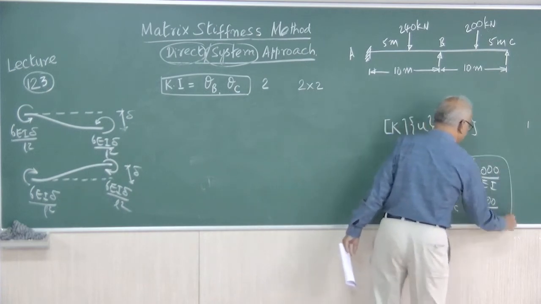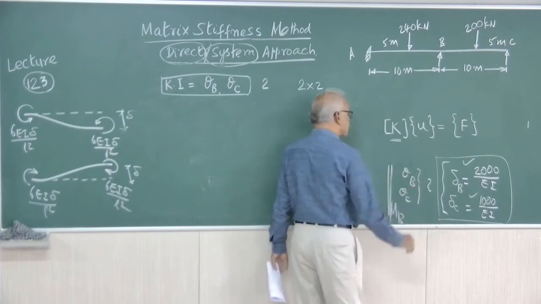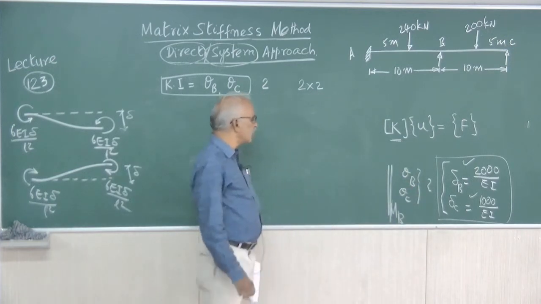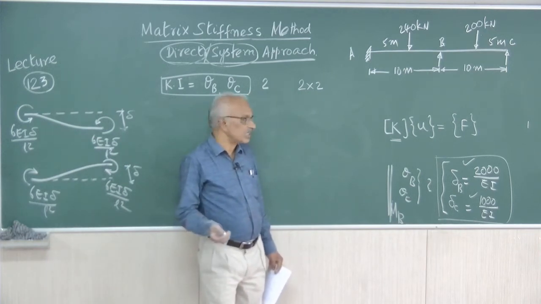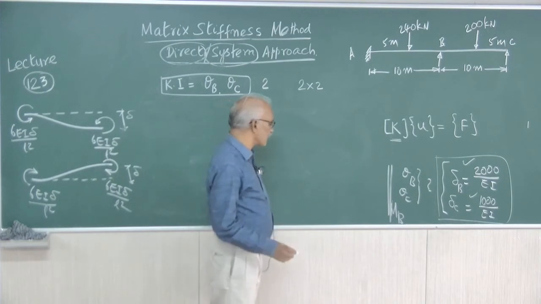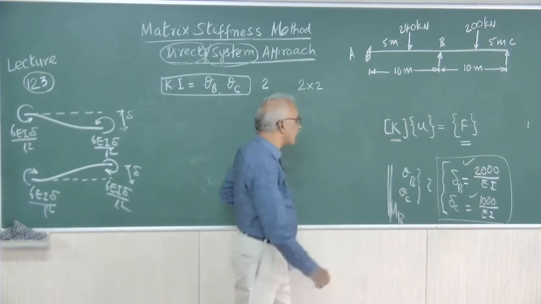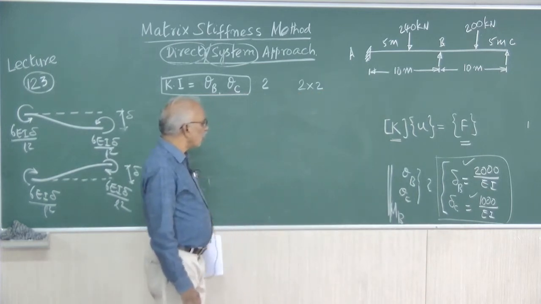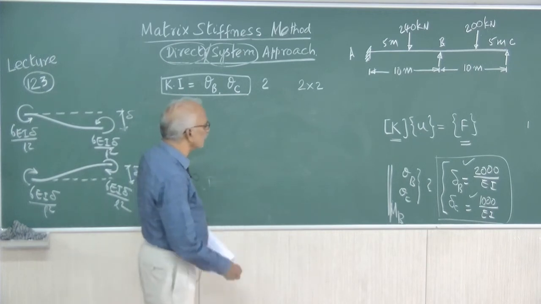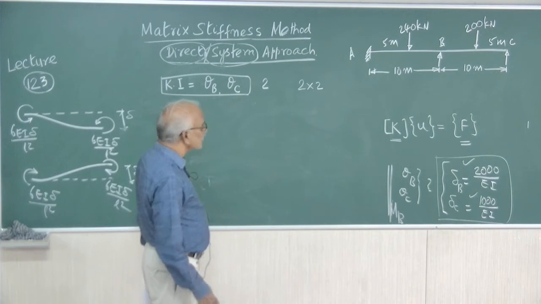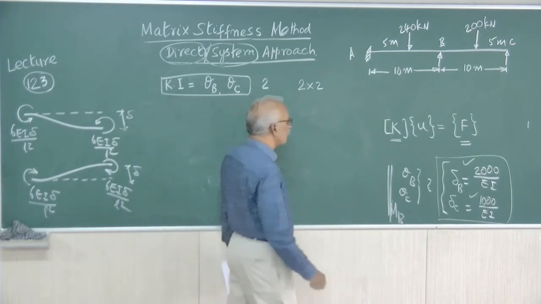K gives the force quantities along the coordinates due to unit displacement, and U is the displacement along the coordinates due to the external forces. They are the forces.